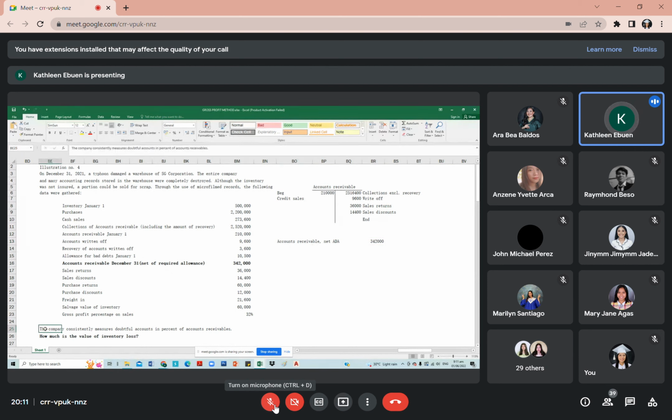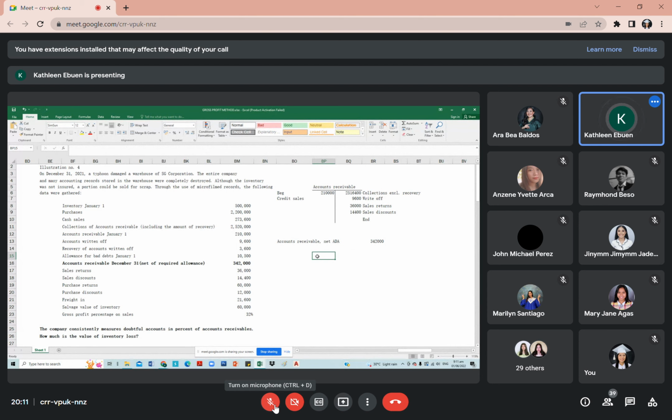Ito pa yung isang information class. The company consistently measures doubtful accounts in percent of accounts receivable. Okay, so consistently daw ina-apply yung percent of accounts receivable.